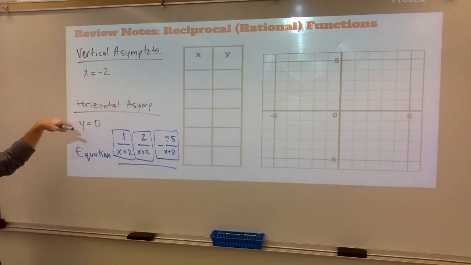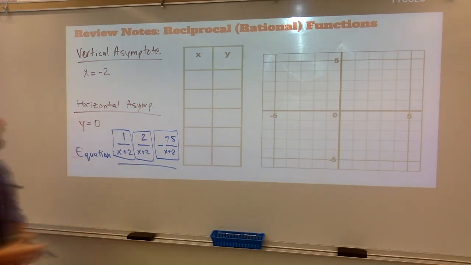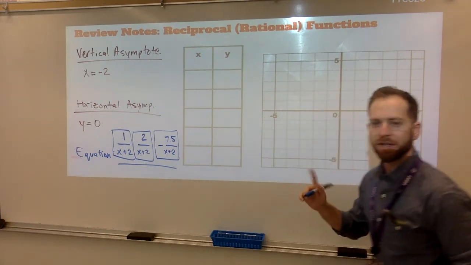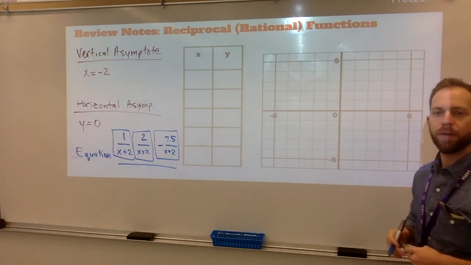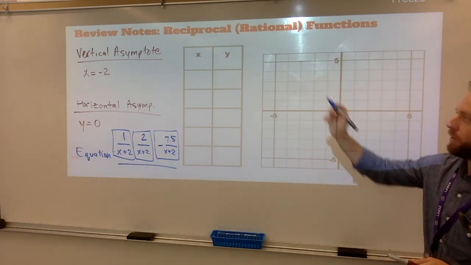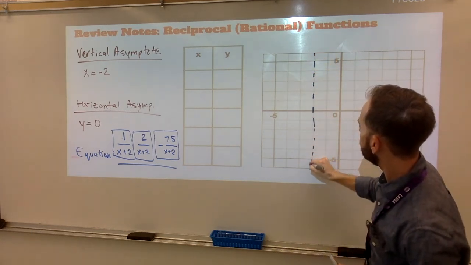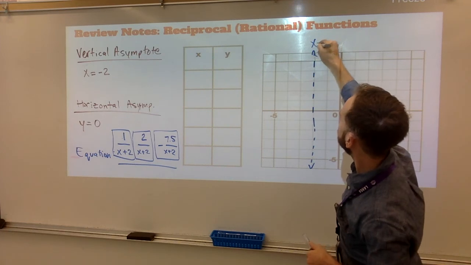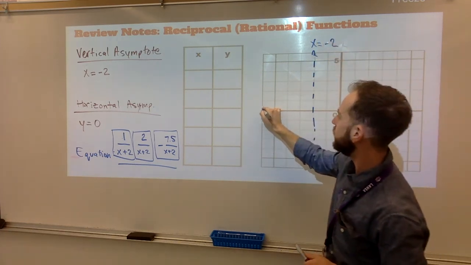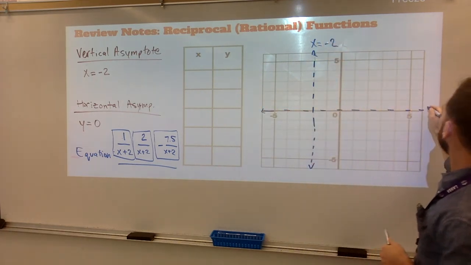And here's what the graph might look like. Pause it and see if you can draw it. Okay, so there's a vertical asymptote at x equals -2. That's this line right here. There's a horizontal asymptote at y equals 0.